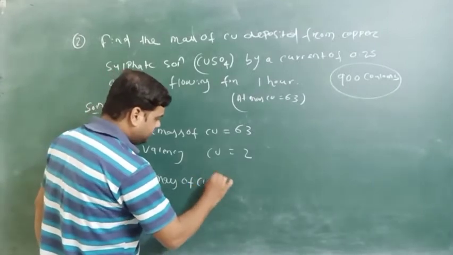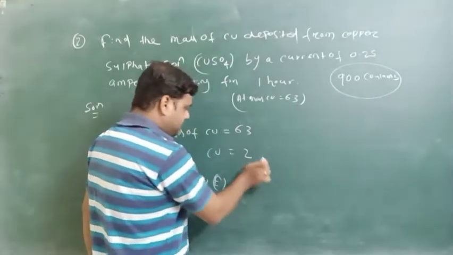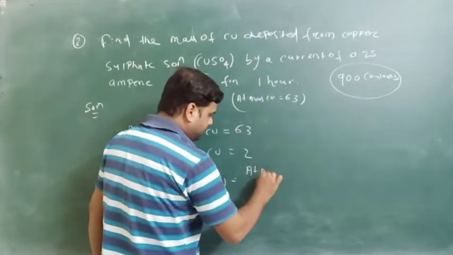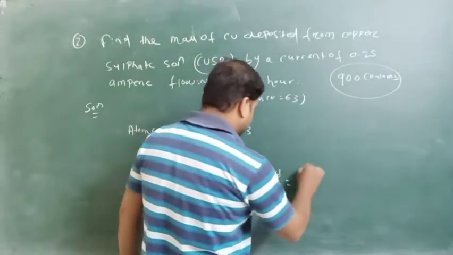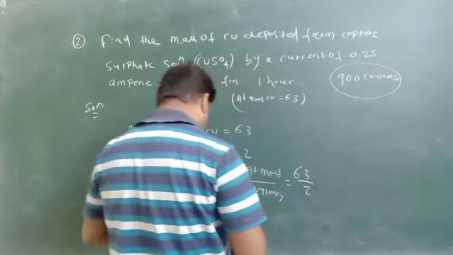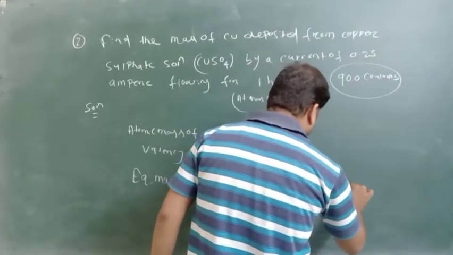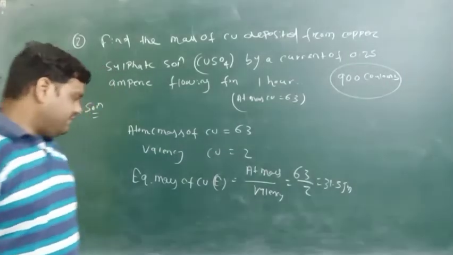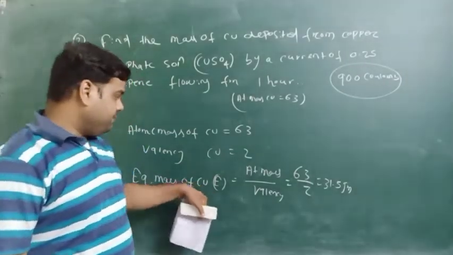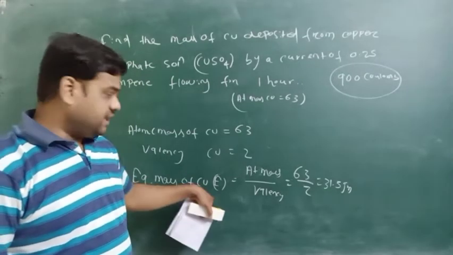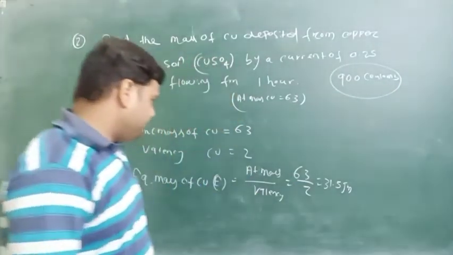The equivalent mass of copper is E. So E equals atomic mass by valency, 63 by 2. The value will be 31.5 grams. So we have calculated the equivalent mass of copper, which is the chemical equivalent E, 31.5 grams.